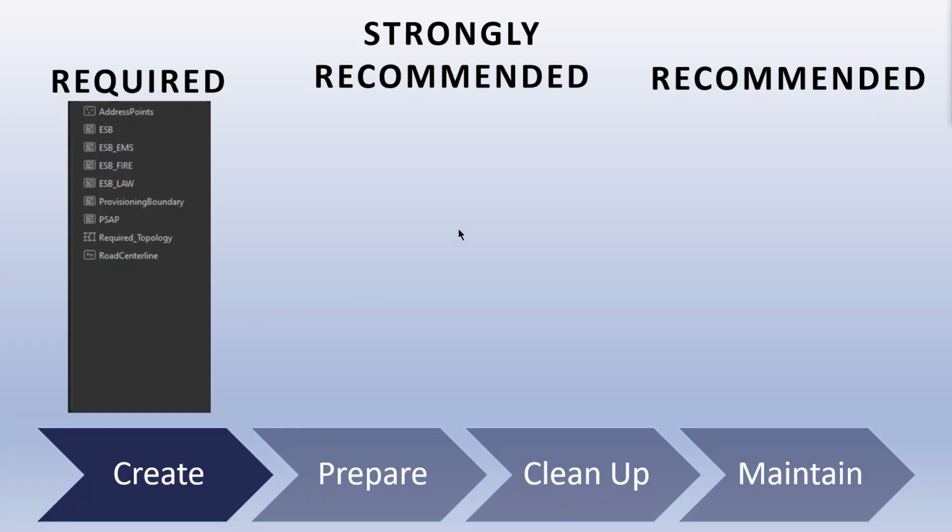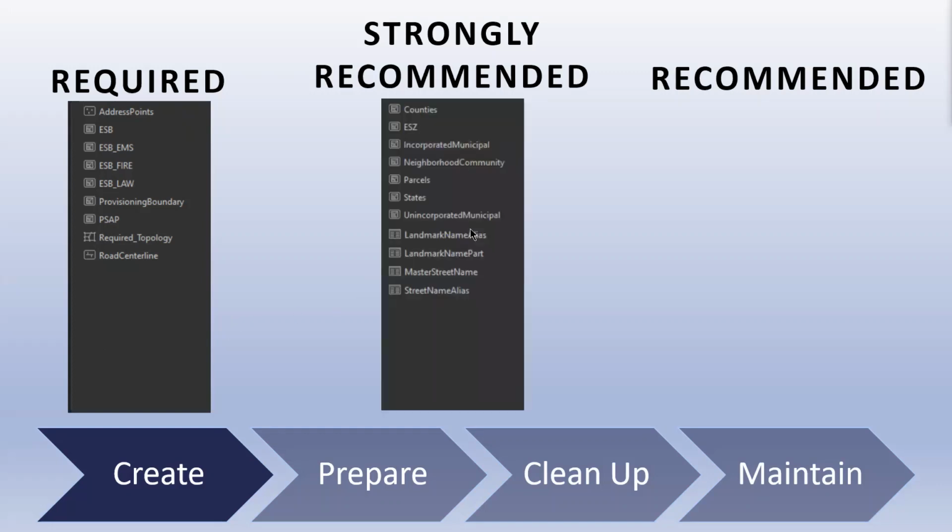So the strongly recommended are those layers that will enhance the NG911 system. They're not required for it to work, but these are where, after you've got the required layers, I would put my effort. And some of these you probably already have: incorporated municipalities, parcels. Obviously, we can find states and counties.